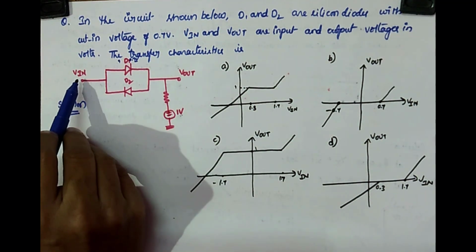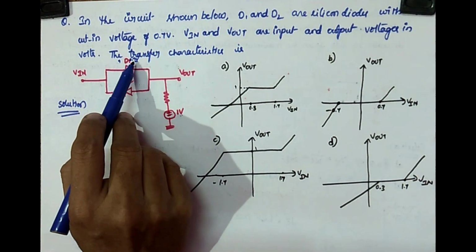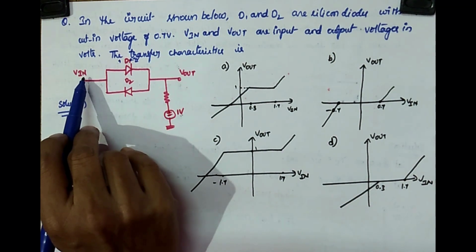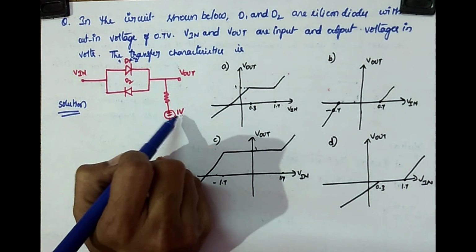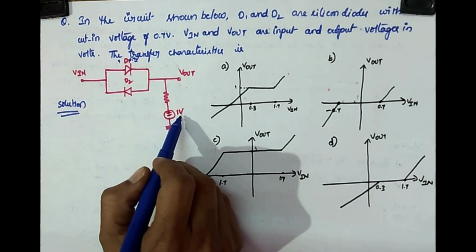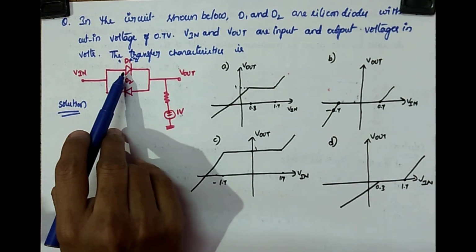So your Vin must be greater than 1 volt plus 0.7. The anode voltage Vin must be greater than 0.7 plus 1, then only your diode gets on, because for the cathode you are supplying only 1 volt.